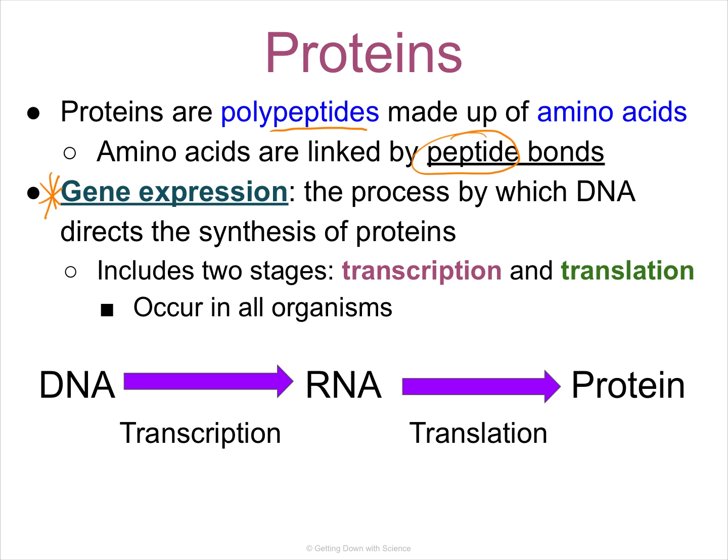Now, I want to direct you to the picture that's down here. This right here is worth writing down somewhere. This whole idea of starting with DNA and then going to RNA and then RNA to proteins, we call this the central dogma of biology.